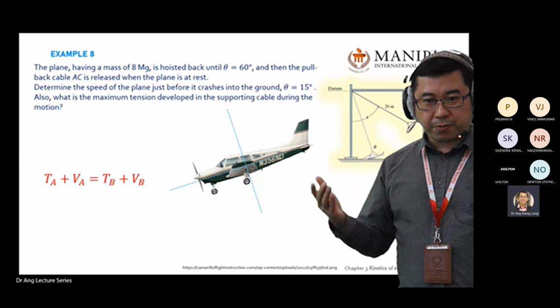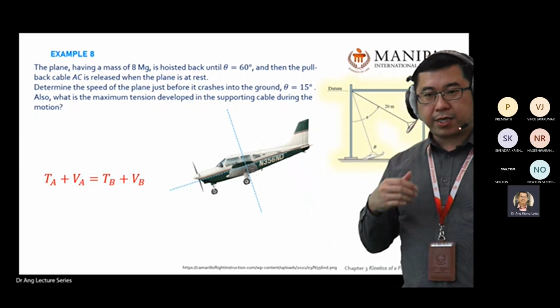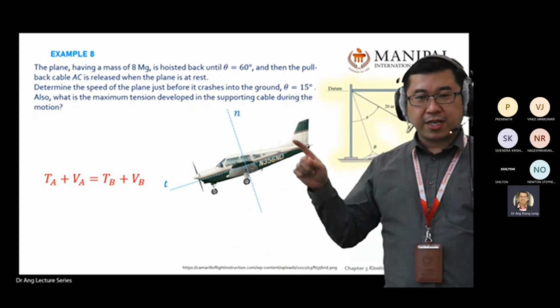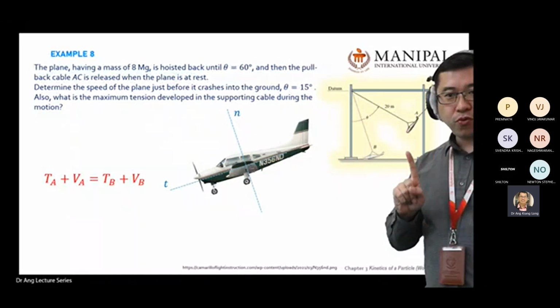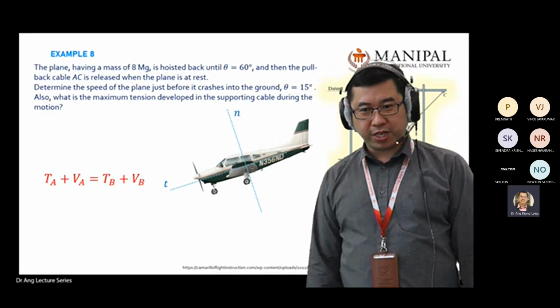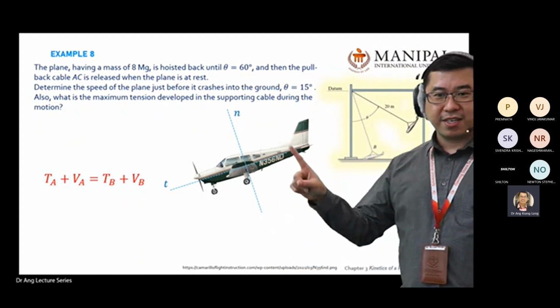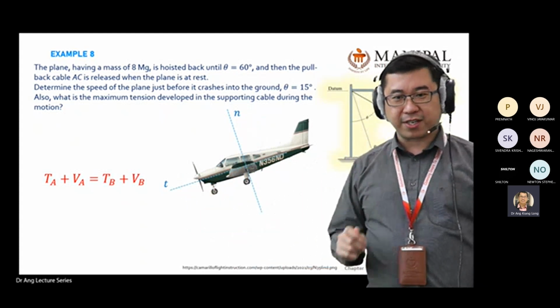You start with the free body diagram with the axes. It is important that you know where is positive and where is negative. As long as you have an object moving in curvilinear motion or circular motion, you will have normal and tangent directions.